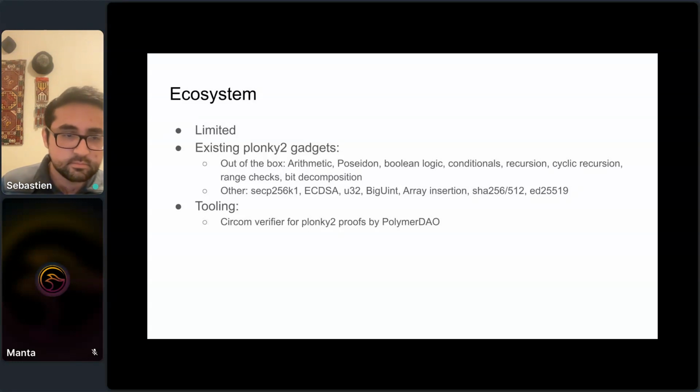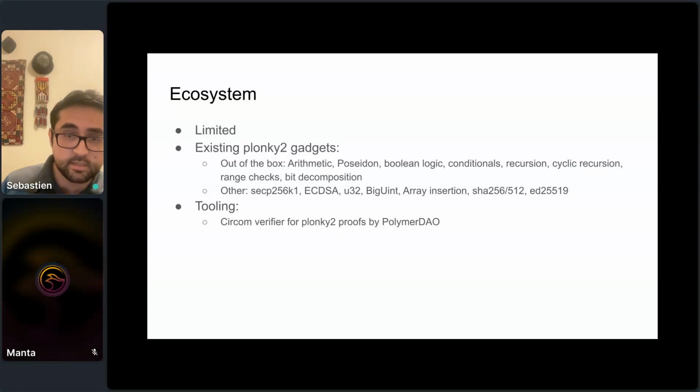We have some curve gadgets for both Ethereum signatures and ed25519 signatures, which is what Near, Solana, and a lot of the other blockchains use. We have some big gadgets. We actually have some gadgets that mimic dynamic arrays. And there are a lot of interesting gadgets coming in the future.